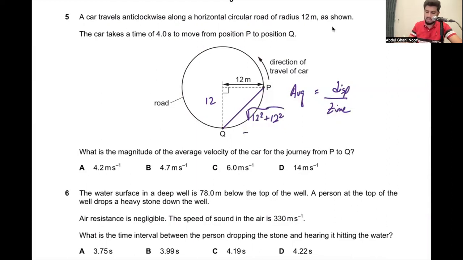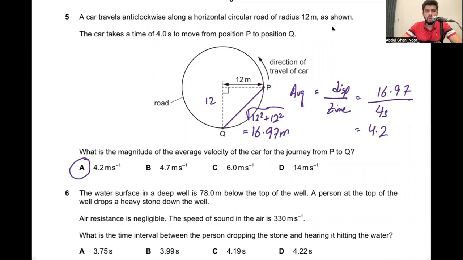And that gives me the answer as 16.97 meters. It's a right angle triangle. You use hypotenuse squared is equal to perpendicular squared plus base squared, and that gives you 16.97. So 16.97 upon the total time, which is 4 seconds. And that gives you the answer as 4.2.